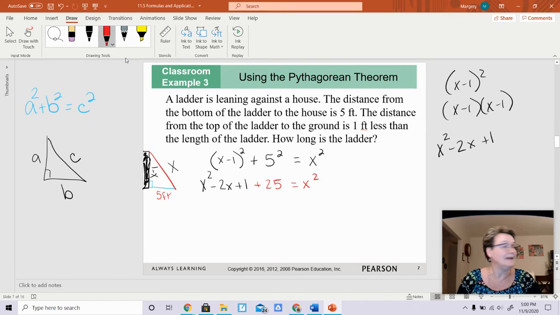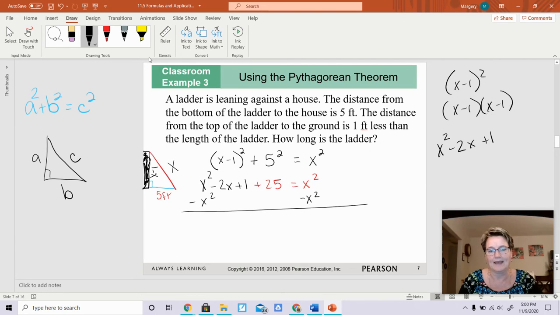Now remember, you want to move everything to one side of the equation. So I'm going to subtract x squared from both sides, and I'm left with negative 2x plus 26 equals 0. Subtract 26 from both sides. Remember, you want to find out what x is.